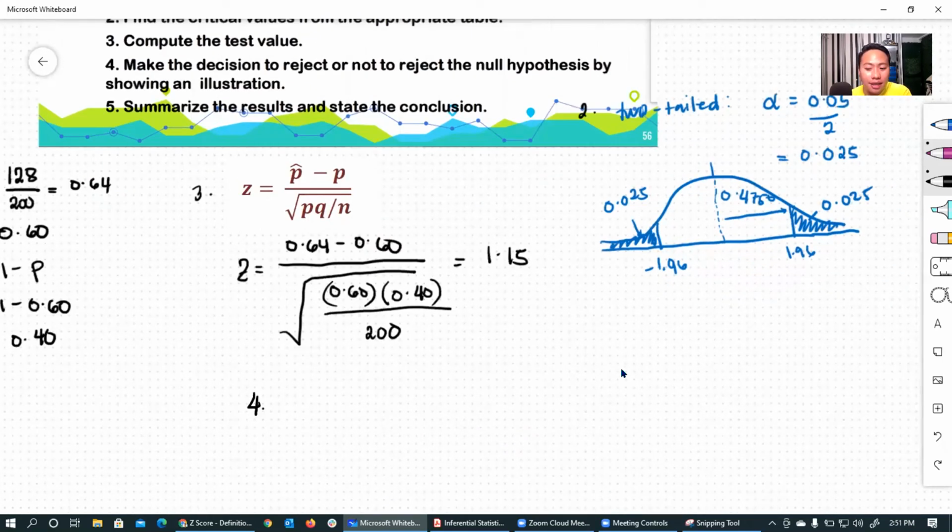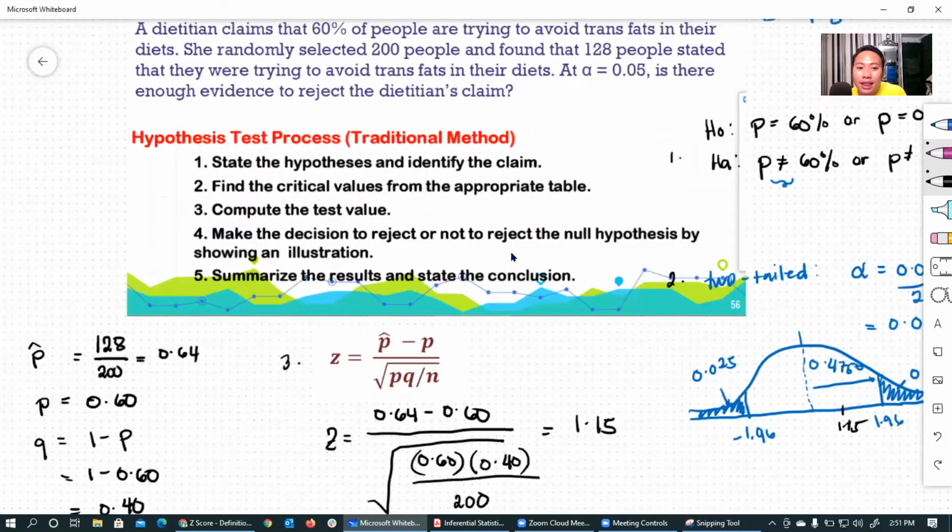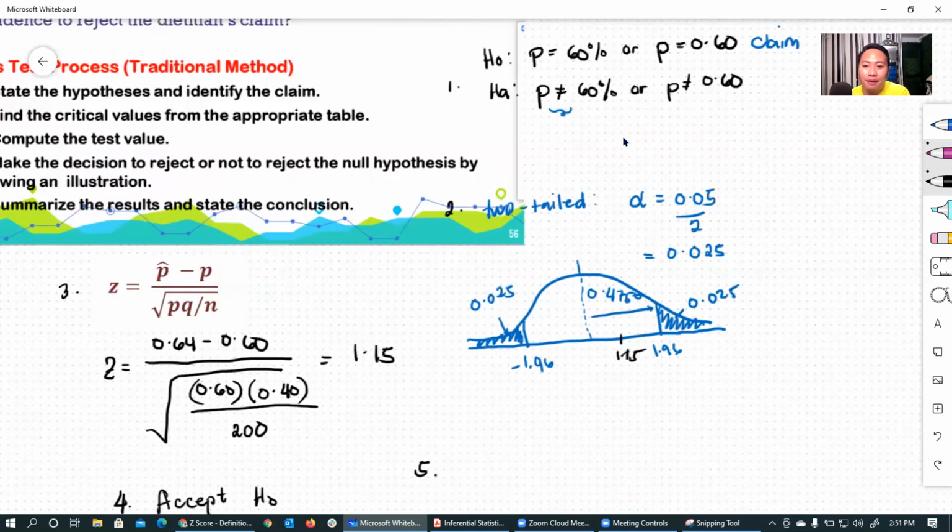So let's take a look at our step 4. Step 4 is the decision making if we are to reject or accept the null hypothesis. 1.15, guys, is located somewhere here, because it's 1.96 there. This means that we're going to accept the null hypothesis because 1.15 belongs to the acceptance region. So our step 5, to conclude, is to accept the null hypothesis, this one here. So you can say yes, it's true.